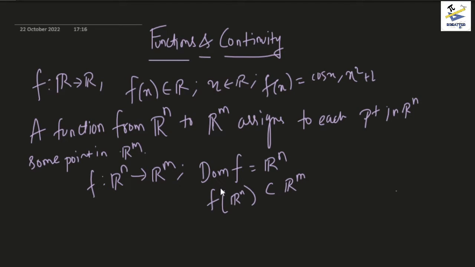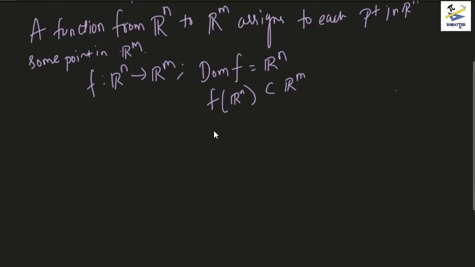Now we shall talk about limits, because obviously we are trying to find out continuity at a certain point. So what did it mean in one dimensional form to have continuity?